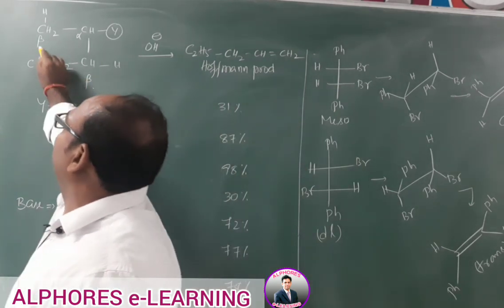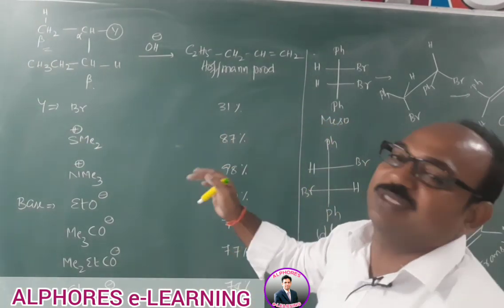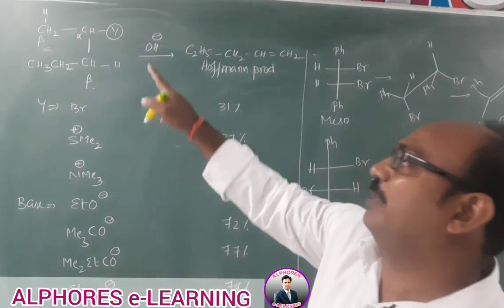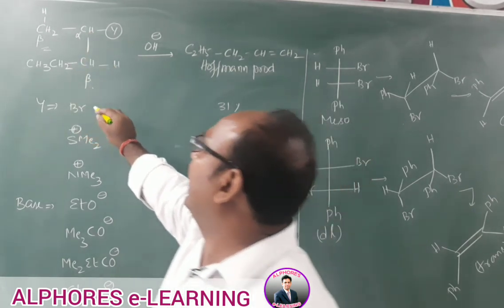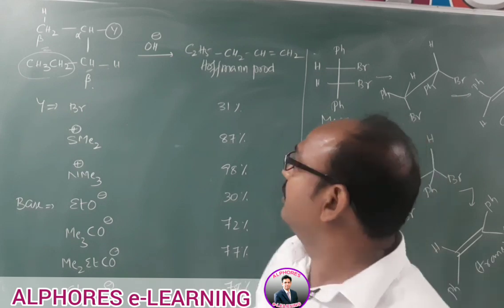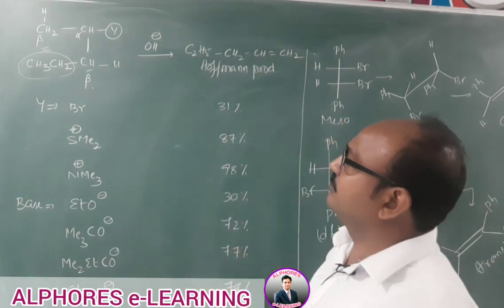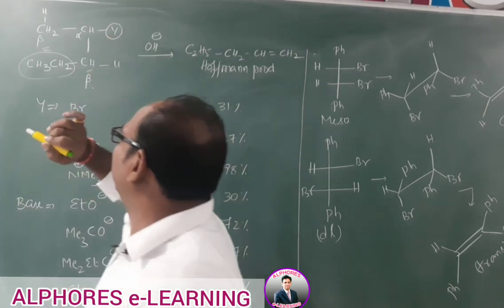One is here, another one is here. Both beta carbon atoms are not in the same environment. One beta carbon is not attached to any alkyl group, and this beta carbon is attached to one ethyl group.